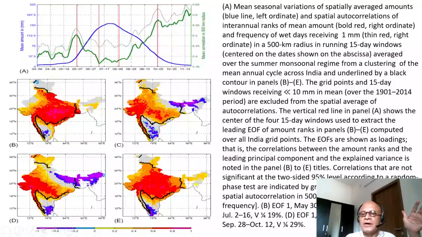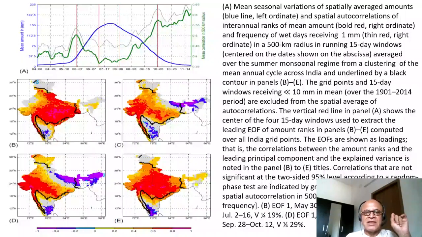The vertical red line in A shows the center of the 4 15-day windows used to extract leading EOFs of amount of ranks in panel B and E. So essentially, it is ranked instead of taking amounts of rainfall. Rainfall is ranked.